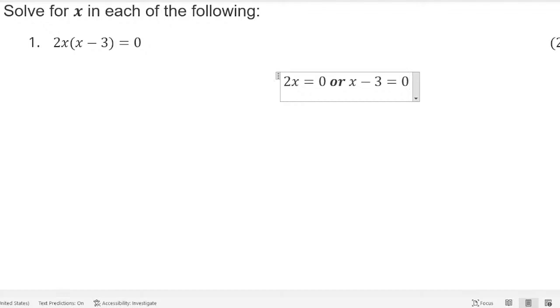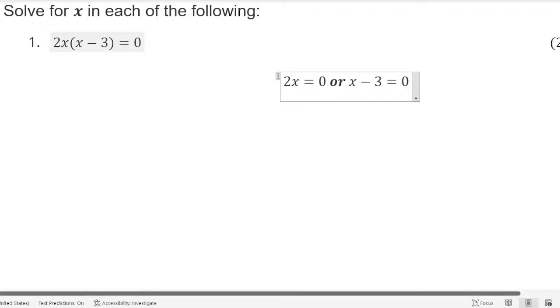So we have these possible solutions. In order for this equation to be true, it's either 2x should be 0 or x minus 3 should be 0, so that it can satisfy the equation on the right. Remember, the right hand side is 0.